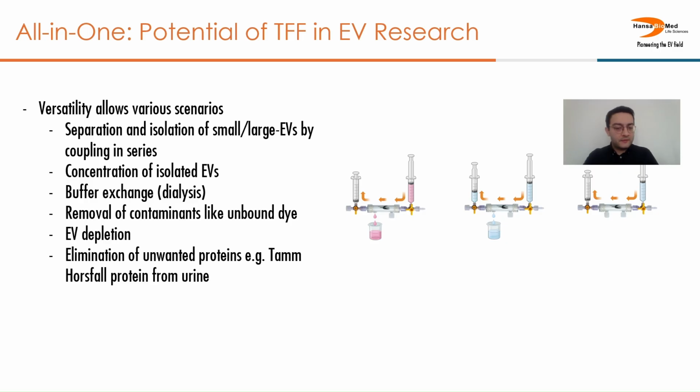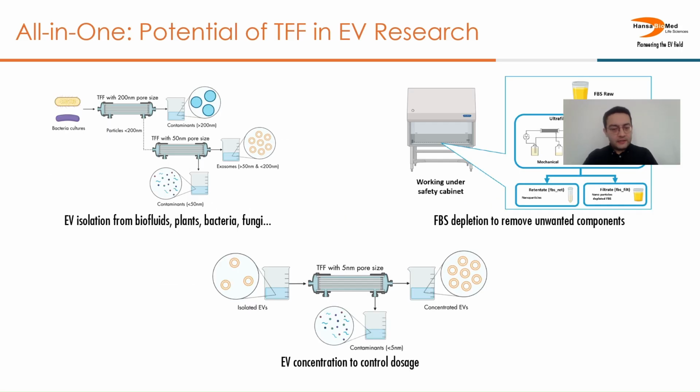You can use the very same TFF cartridge for separation or isolation of small or large EVs, concentration of pre-isolated EV samples, buffer exchange, removal of contaminants, EV depletion, or elimination of unwanted proteins. And here you can see a schematic illustration of some such scenarios.